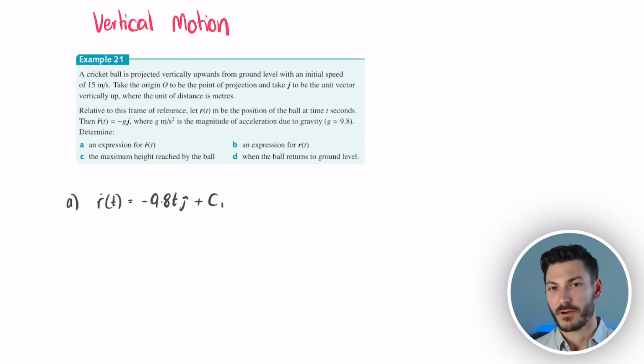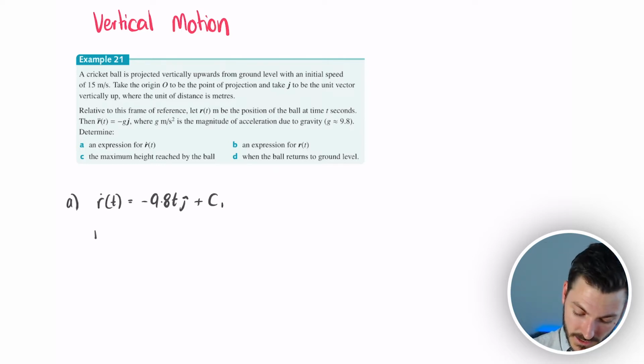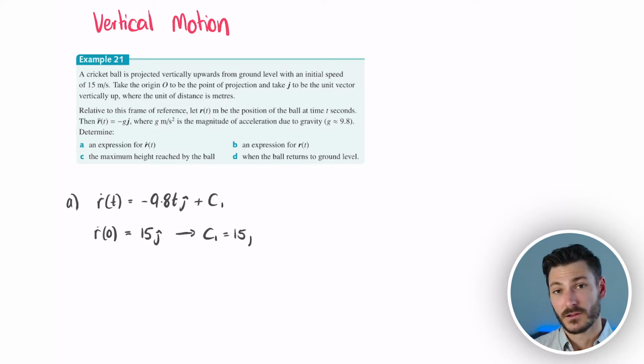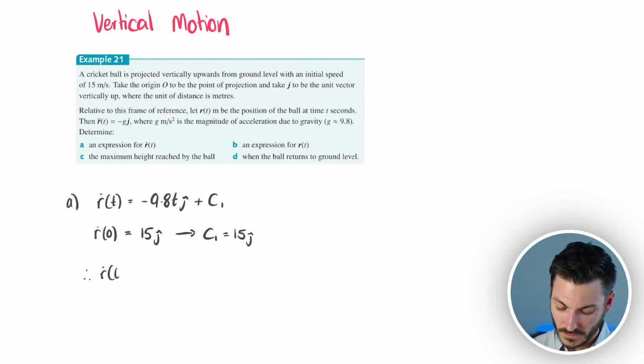Because our ground is our reference point and gravity is negative going down, that means up must be positive. That means that my initial velocity must be positive 15 in the j direction, which implies that C1 is 15j. Because again, when we substitute t equals 0 in here, that all goes away.